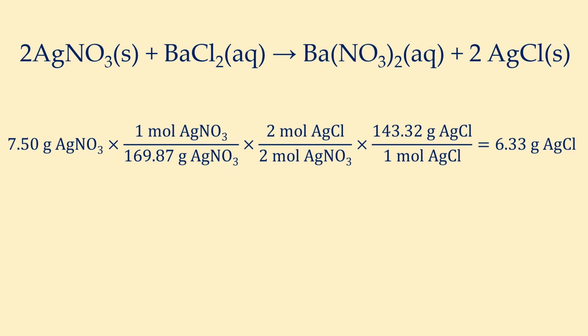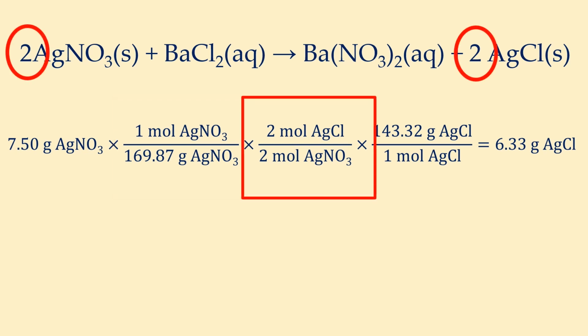Here is my work. I'll convert grams of silver nitrate into moles of silver nitrate using silver nitrate's molar mass. Next, I'll convert moles of silver nitrate into moles of silver chloride using the mole-to-mole ratio from the balanced equation.